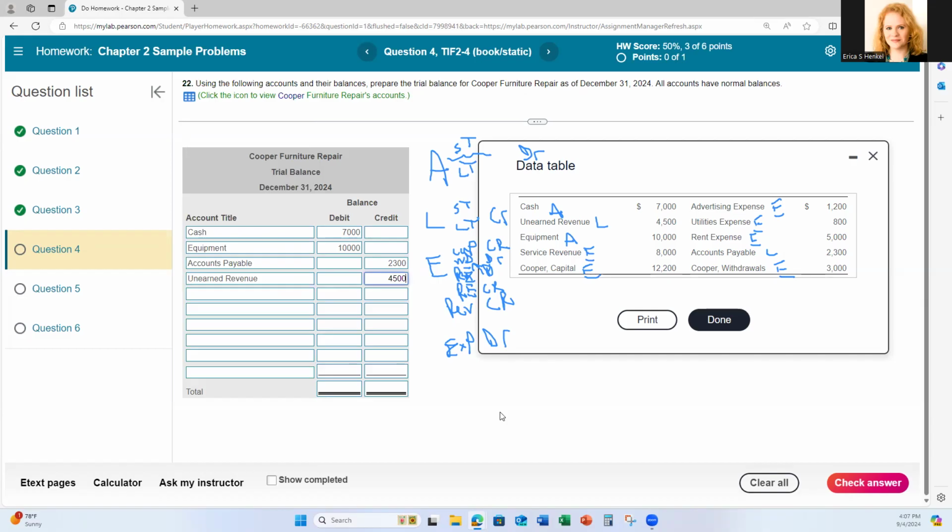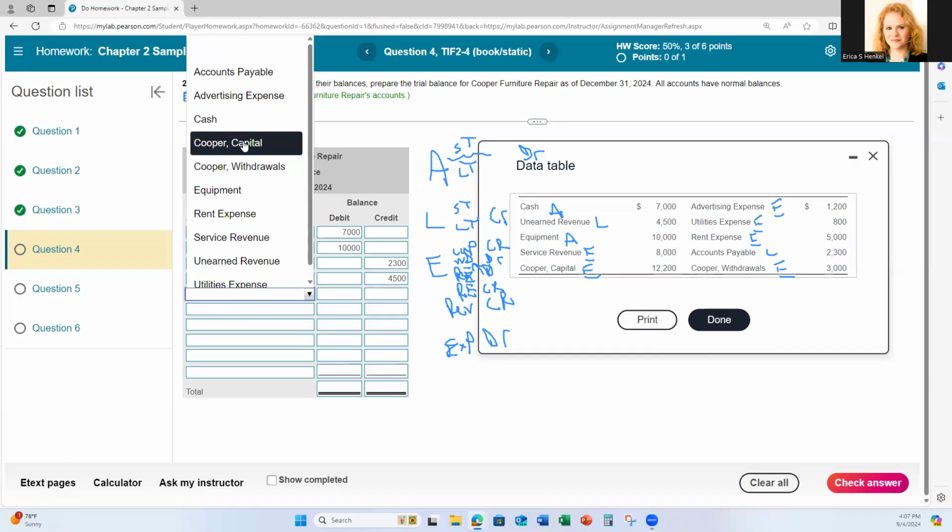Then everything else we had was equity. So we're going to look here then. We're going to want to put capital accounts first, so kind of that same order that we normally have our equities. So capitals, withdrawals. If we had retained earnings, which isn't listed on here, we would put that next, then revenues and expenses. So we've got Cooper Furniture Repair and Cooper Capital is our capital.